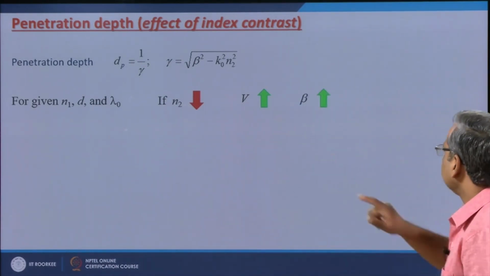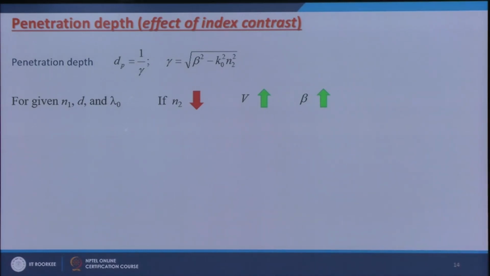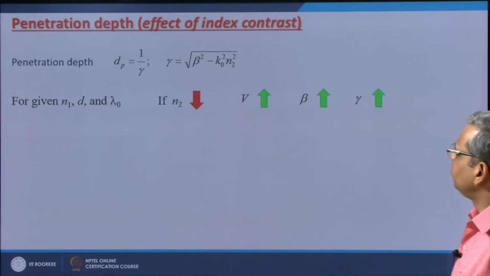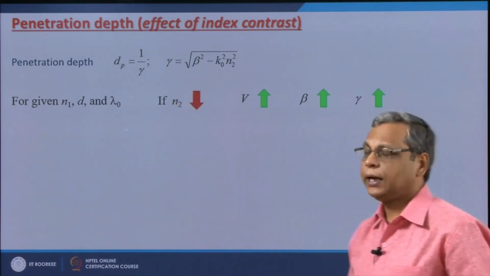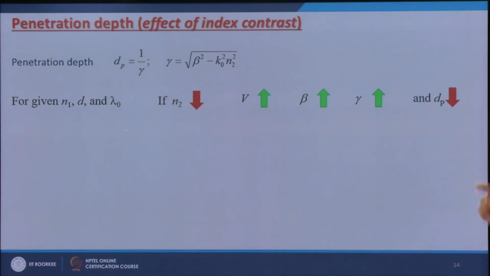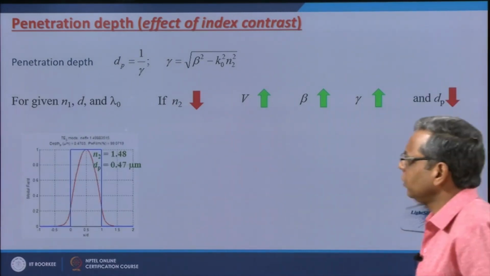If V increases, the propagation constant beta increases, gamma increases, and penetration depth decreases.